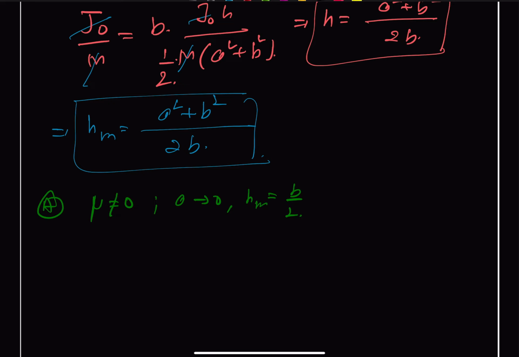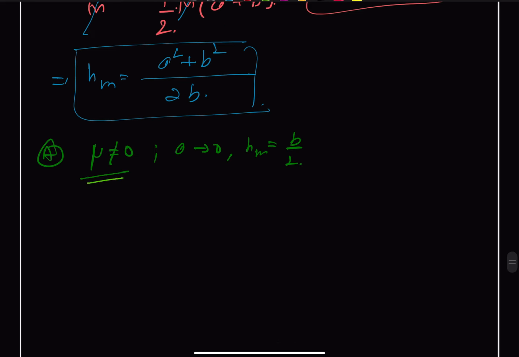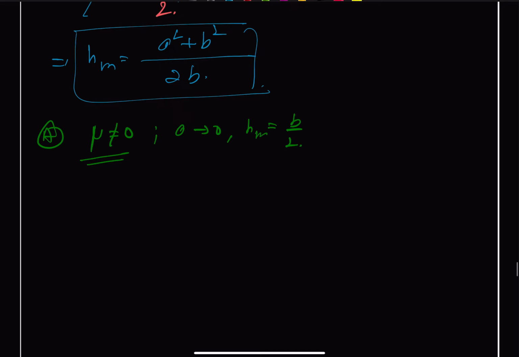So obviously when friction is not equal to 0, there will be a rolling motion, and we substitute A is equal to 0, and we get that our hm will be equal to b square upon 2b, b square goes by b, so we have hm is equal to b upon 2. So this is true.